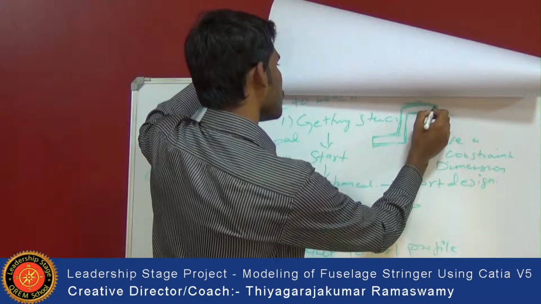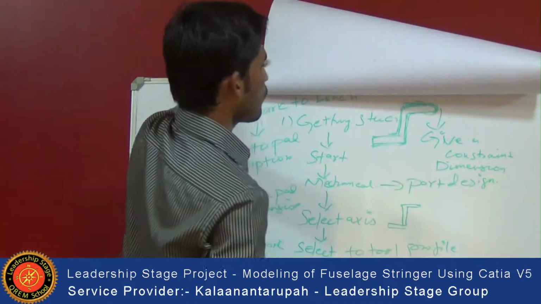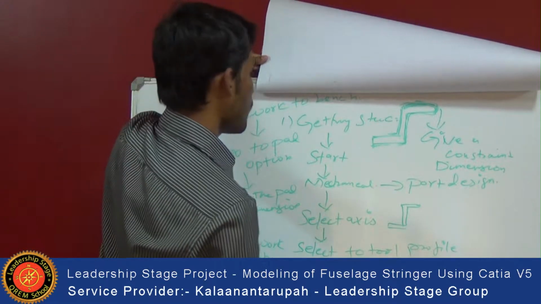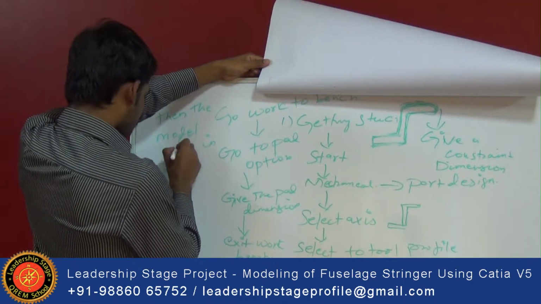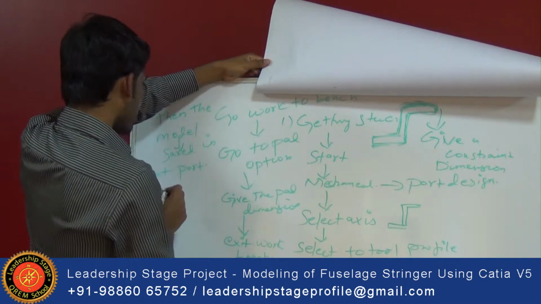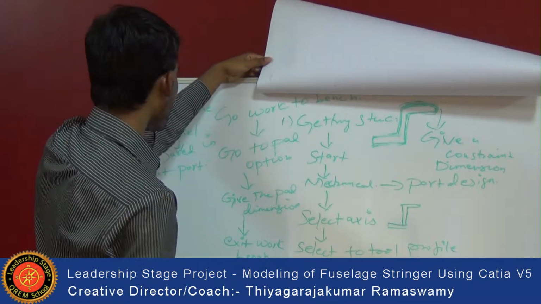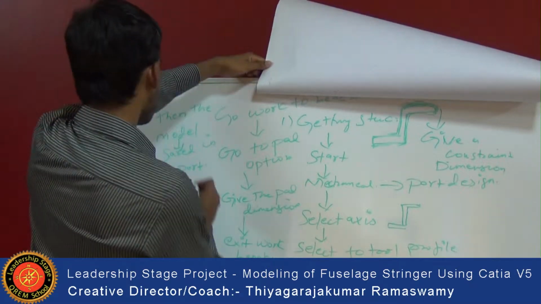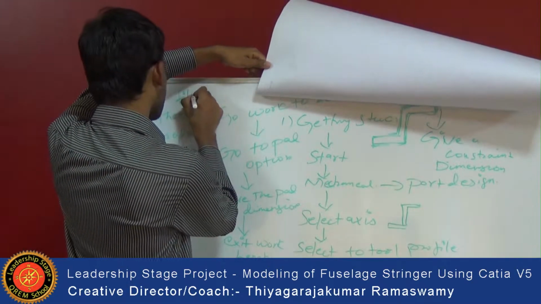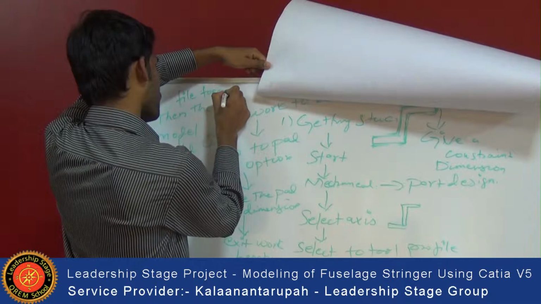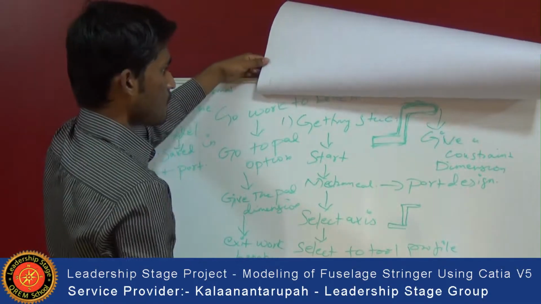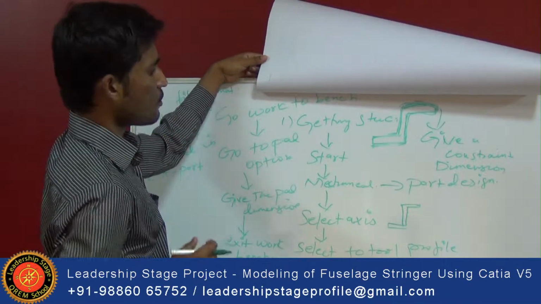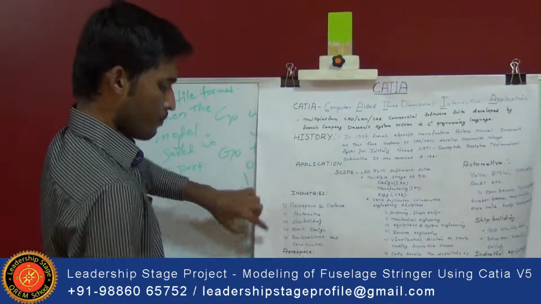This is one way to design the stringer, and finally the model of the stringer can be saved as a CATPart file format. And this is the simple procedure for how to design the stringer.